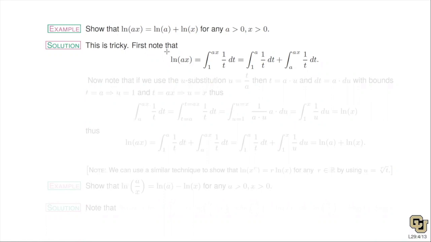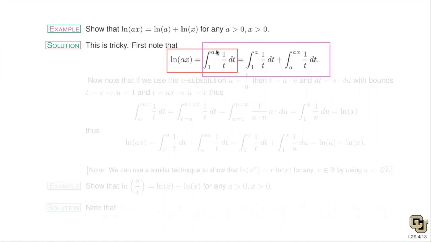Okay, so first and foremost, remember the definition of ln of ax. Just in general, the definition of ln of blah is equal to the integral from 1 to blah of 1 over t dt. So here, ln of ax, by definition, will be the integral from 1 to ax of 1 over t dt. Now, we use properties of the integral to write the integral from 1 to ax as the integral from 1 to a plus the integral from a to x.